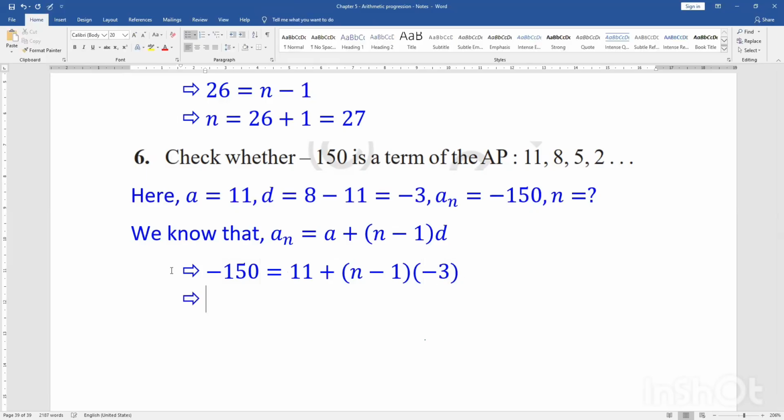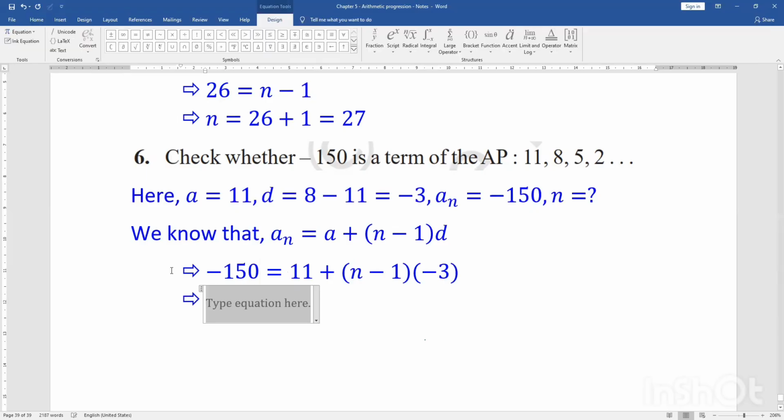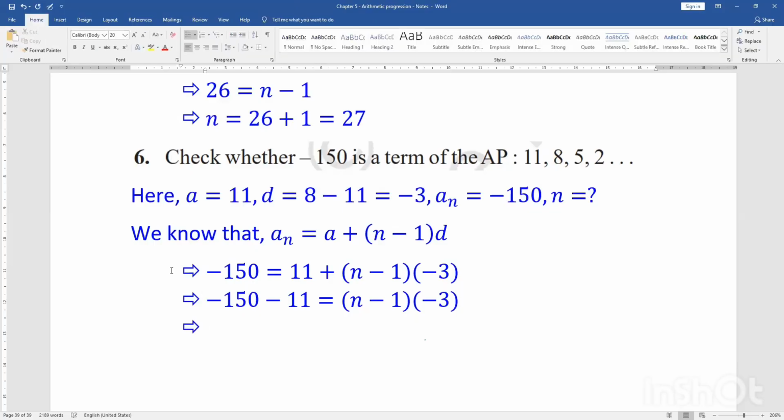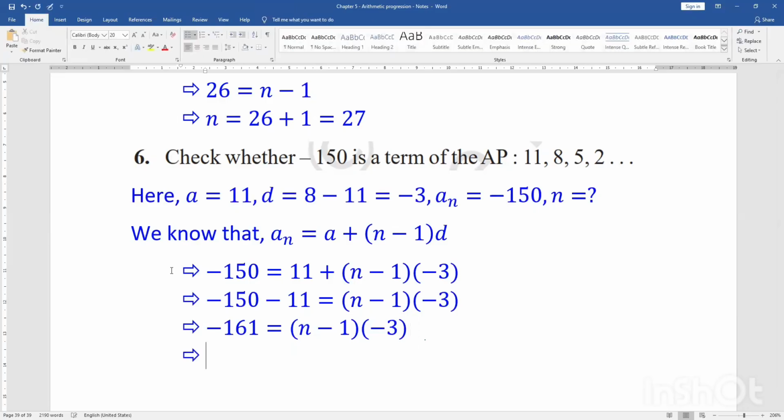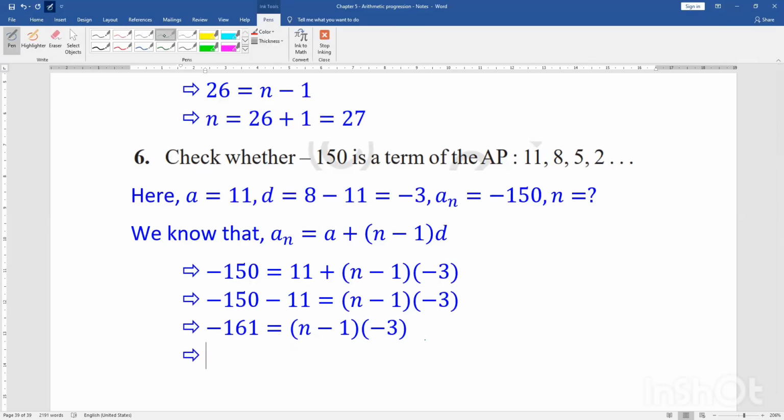In the next step, I'm going to write minus 150. Then 11 transposed to the left-hand side becomes minus 11 equals n minus 1 into minus 3. Right? Then what you get here is minus 161 equals n minus 1 into minus 3. Now we can cancel off this minus sign, children. Minus and minus sign are gone.